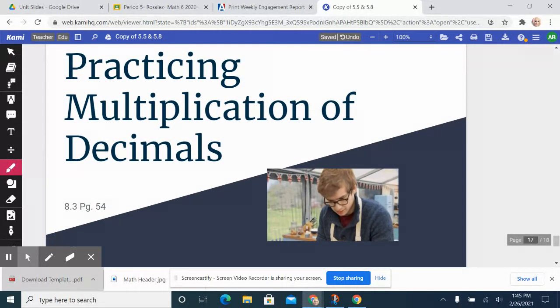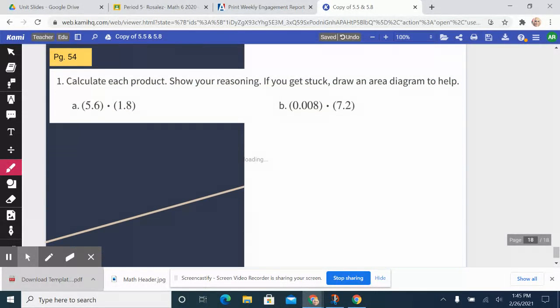Okay, so now you're going to move on to page 54, and we will practice multiplication of decimals. Calculate each product and show your reasoning. So the first one, we'll just practice again. 5.6 times 1.8. 6 times 8 is 48. 5 times 8 plus 4 is 44.